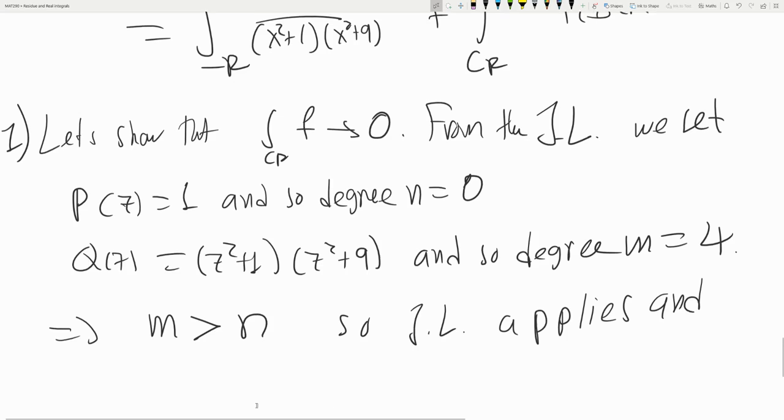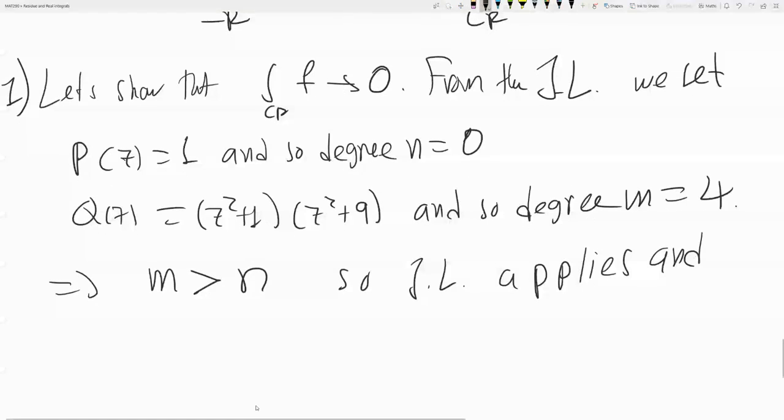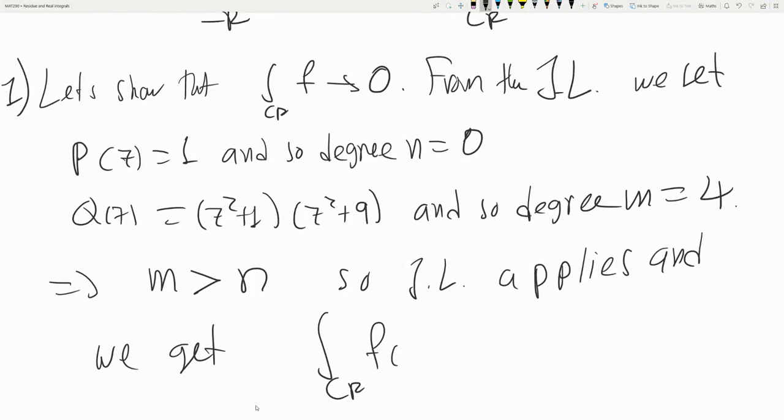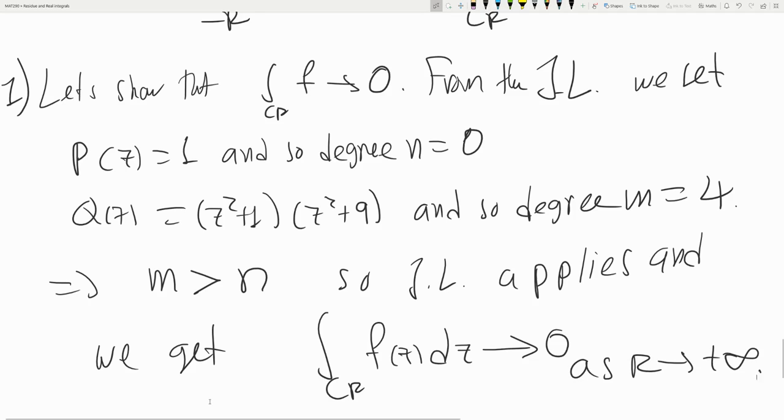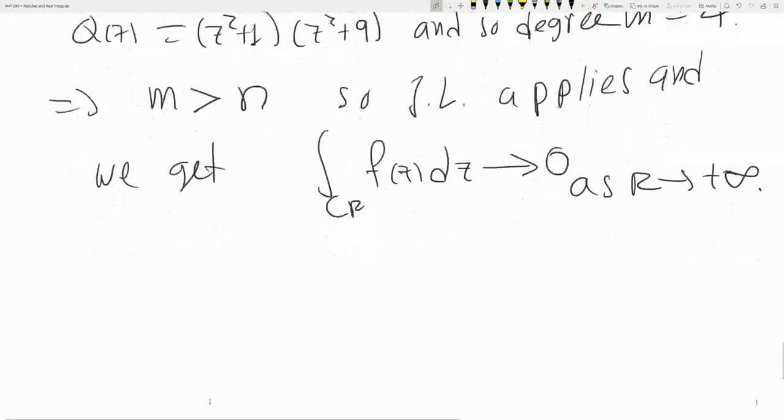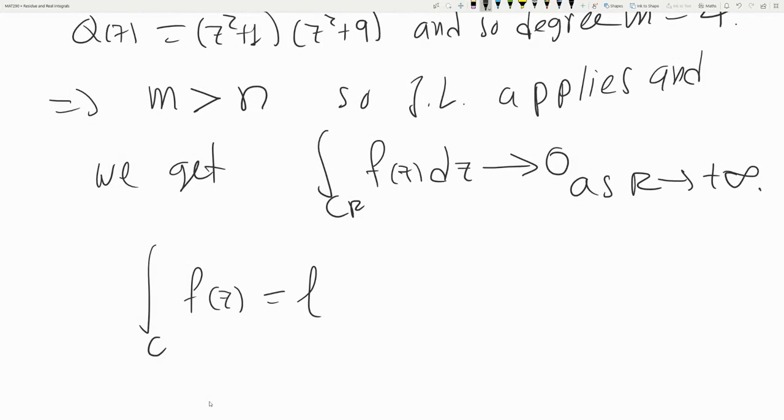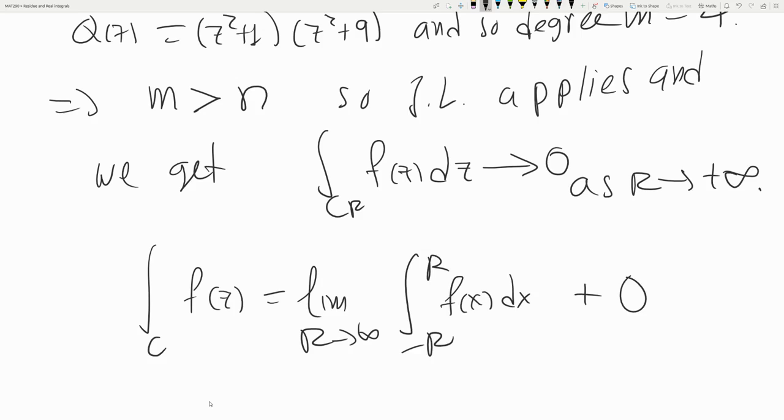and we get that this integral in the limit goes to 0 as you take the radius to infinity. Okay, so that guy's out. That means we're left with the integral over C and the limit of our guy plus 0.